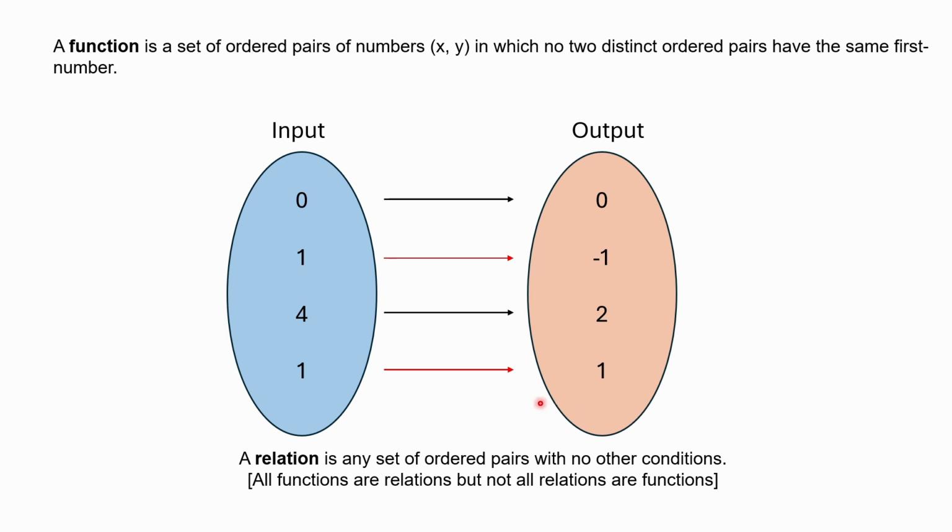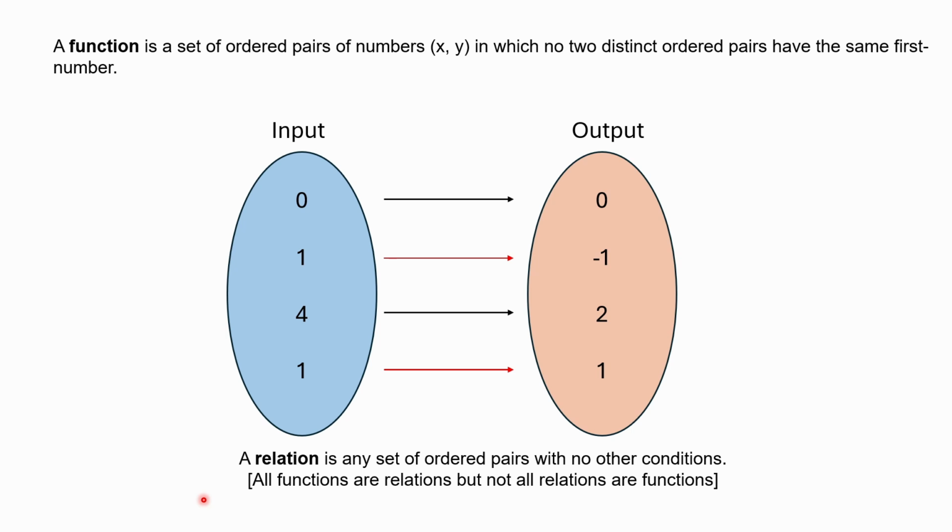So we have two distinct ordered pairs, but the same first number. We can see that 1 has an output of -1 and 1, which means this isn't a function, and we can call this a relation, because a relation is any set of ordered pairs with no other conditions. So just find an input and output, it's already a relation.